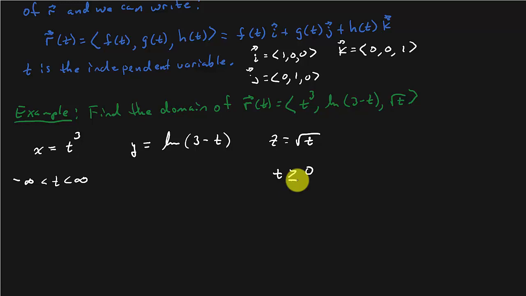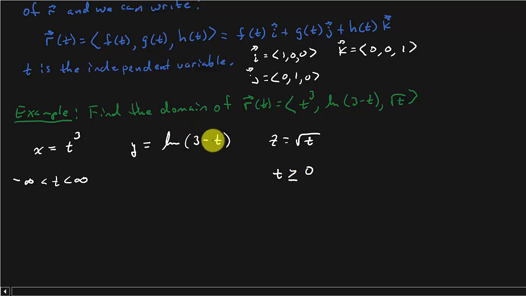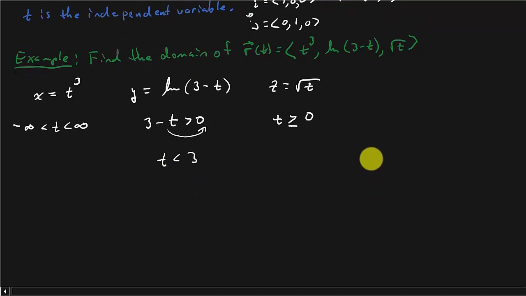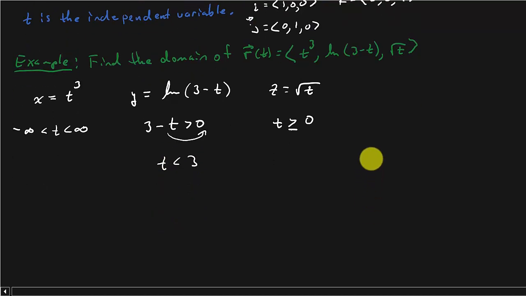We can't do that either. Punch in natural log of 0 and it'll give you an error message. So this 3 minus t has to be positive. If we move the t over, we get t is less than 3. So t has to be less than 3.